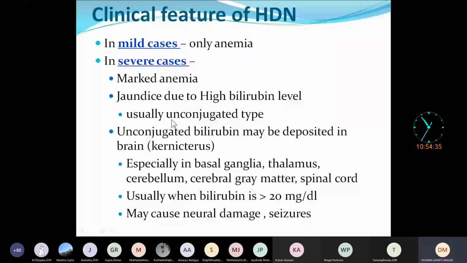Unconjugated bilirubin may be deposited in the brain, and whenever that happens, it is known as kernicterus. Here it will get deposited in the basal ganglia, thalamus, cerebellum, cerebral gray matter, and spinal cord. Now, this bilirubin will cross the blood-brain barrier whenever it is more than 20 milligram per deciliter, and it will cause neural damage and seizures.